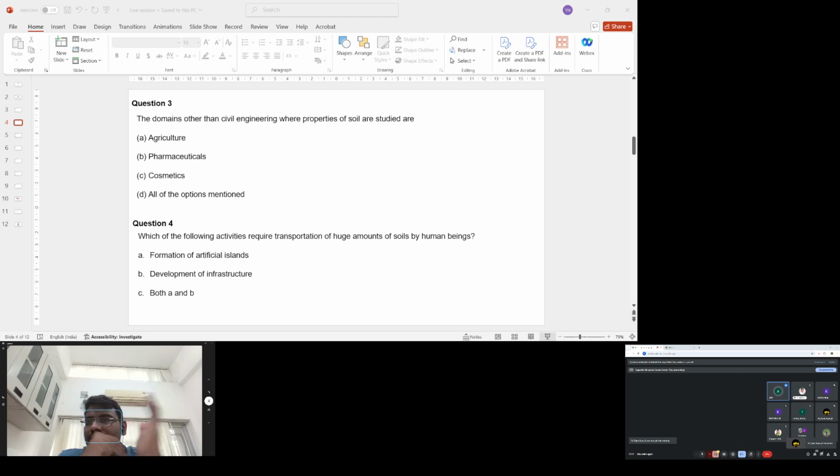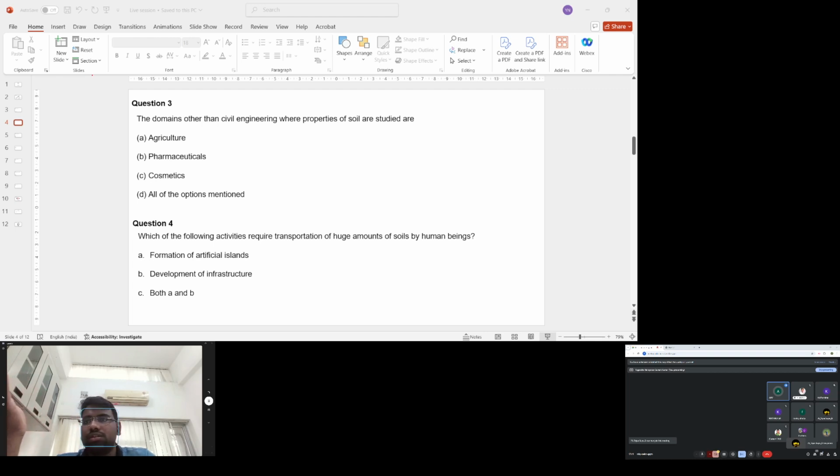So first is option A, agriculture. As you all know, without knowing the properties of the soil, you cannot do anything. In agriculture, the properties we consider are water holding capacity, mineralogy, and what type of nutrients they have. These are the primary aspects we consider in terms of agriculture.